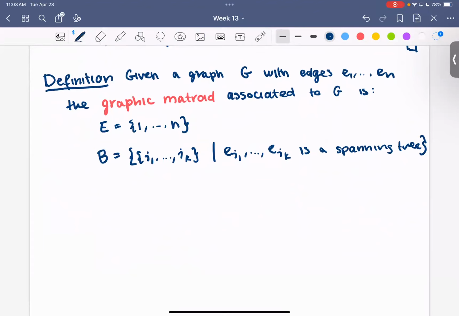Okay, is it clear? Are there questions? Okay, so let's prove that this is a matroid. We'll have another lemma, which says a graphic matroid is a matroid.